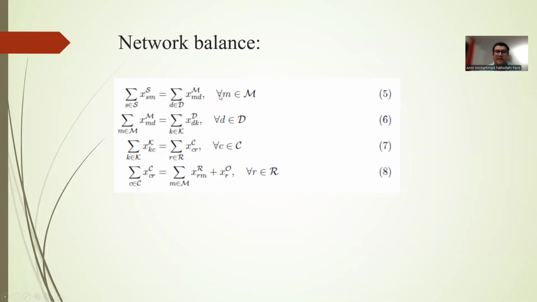The same logic is applied for retailers, for collection centers, and also recycling centers. These are the common network balance constraints to show that at each node we must have control and also balance between the inputs and outputs at each center.